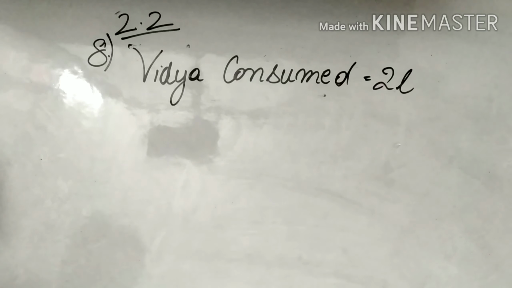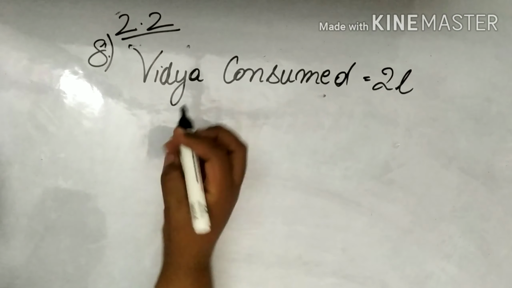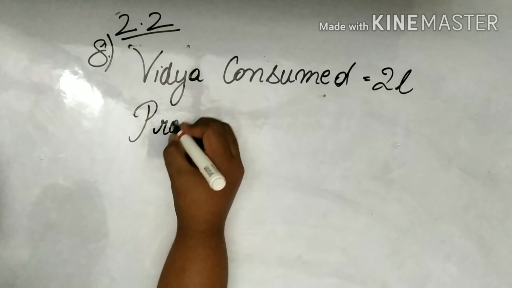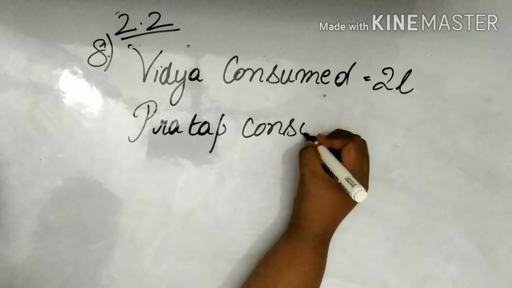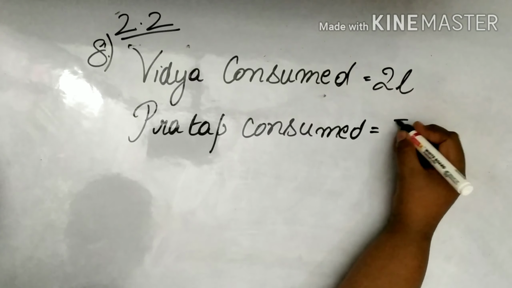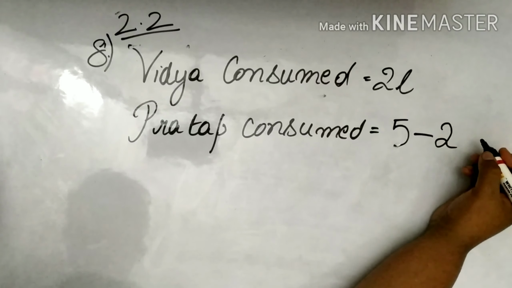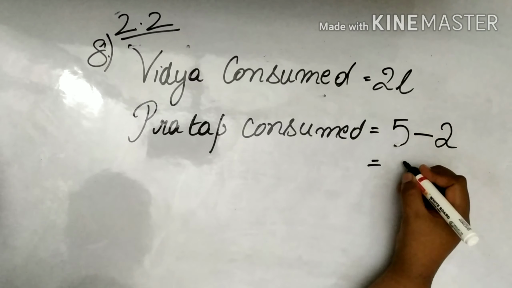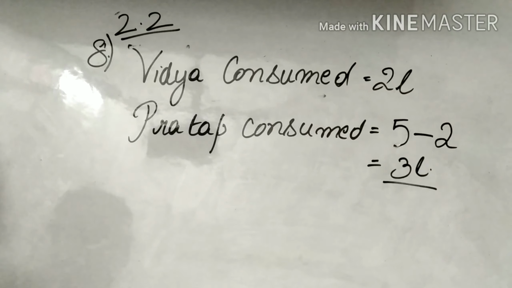Now the next statement says that Pratap consumed the remaining water. So how much is the remaining water? Total is 5 liters minus the 2 liters which is consumed by Vidya. So the quantity of water Pratap consumed is 3 liters.